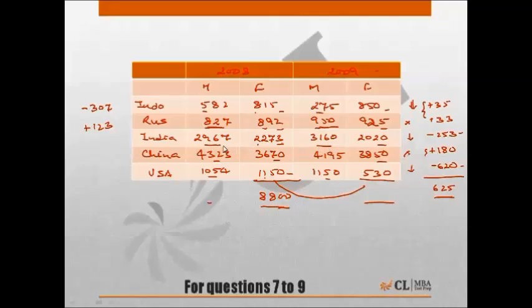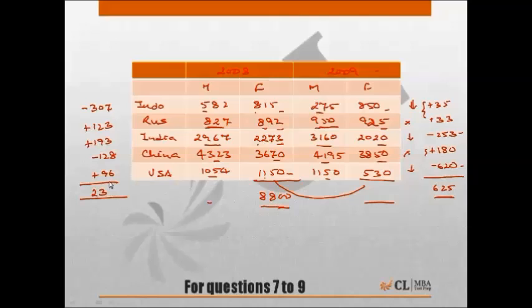So 160 plus 33, which makes it an increase of 193. China, it has gone down from 4323 to 4195. So taking the midpoint to be 4200, 123 plus 5, 128, so it has gone down by 128, while USA has gone up by 96.